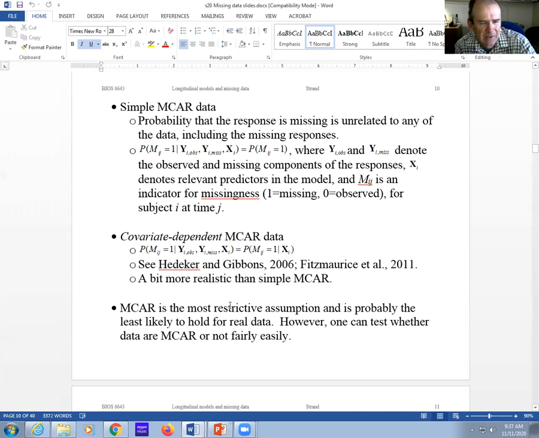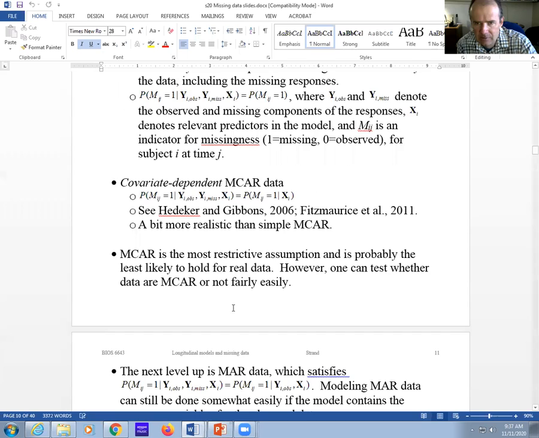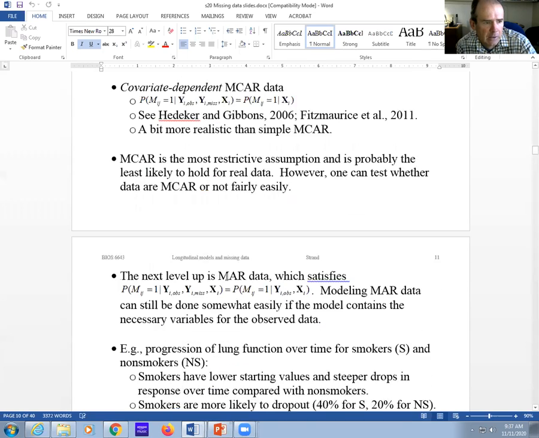So this is a type of missing data pattern that is probably not realistic for most data sets, but it's something you can actually test for, to make it fairly easy to say for sure if your data follow this type of pattern or not.